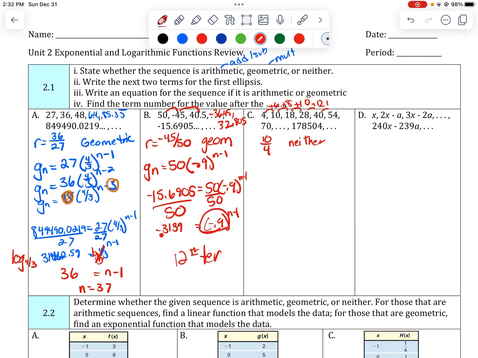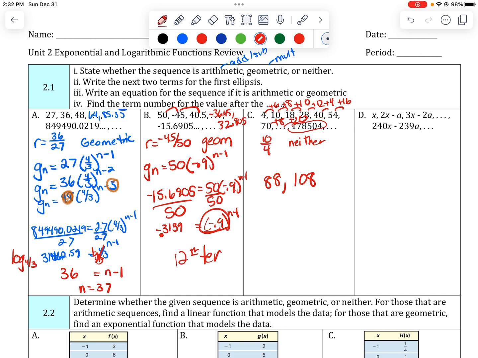And let's see, this is plus 14, plus 16. So our next one would be plus 18, so we have 88. And then it would be plus 20. So we would have 108. Since this goes so far out, we don't have to keep finding the next terms, because we haven't talked about how to do that yet.